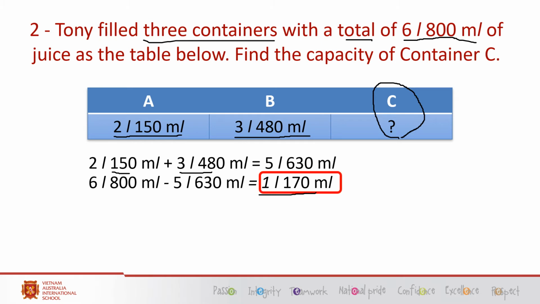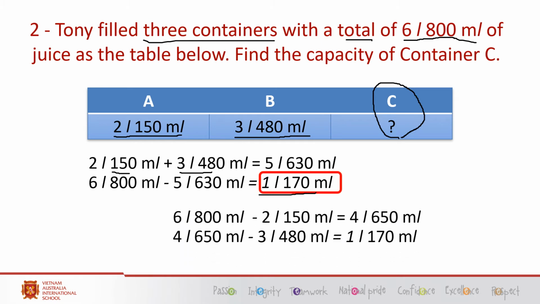This is another way: you can take the total capacity of 3 containers and subtract one container at a time. We minus container A, we get the answer, and then we take the answer minus the capacity of container B, and then we get the capacity of container C. If you get the correct answer, great job, guys. Now, next one.